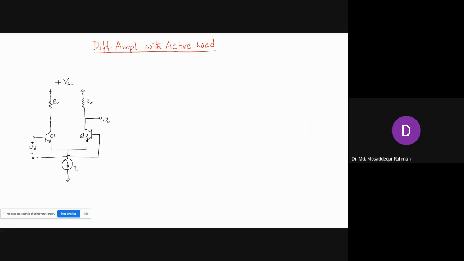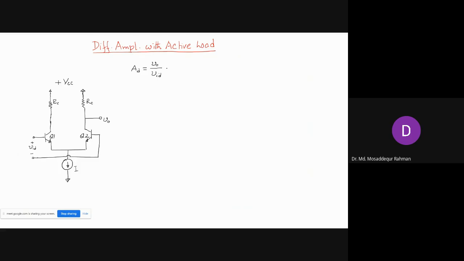So this is our usual, well-known differential amplifier circuit. And the differential gain for this amplifier: let's say we are taking the output from this single node, the second collector.